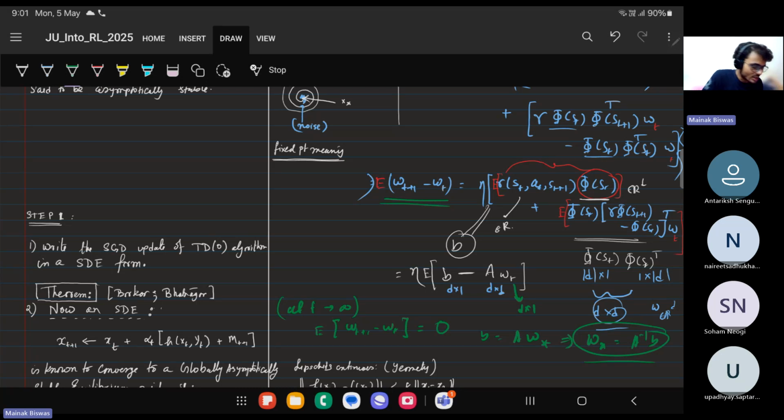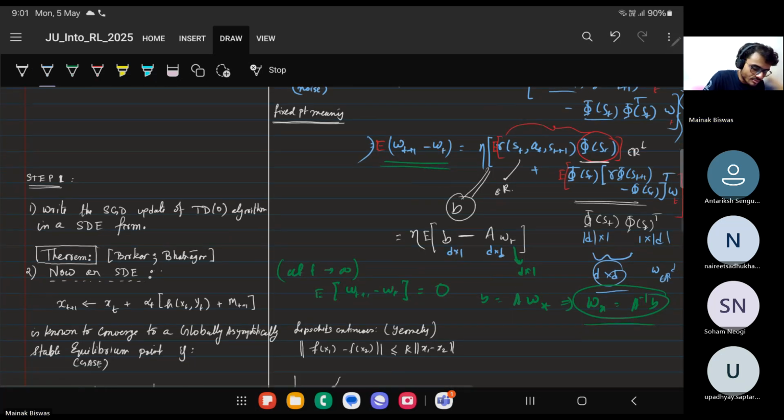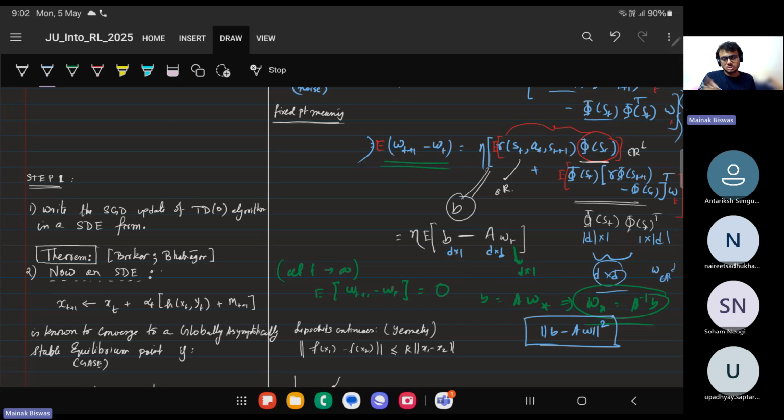So basically, what are we trying to do? This is converging at the solution of B minus AW. So it is not exactly a solution. B minus AW is not the same as the gradient of V pi minus phi W with respect to W. So it doesn't really converge where we want to converge, but it converges at a different point, which we'll find out exactly.